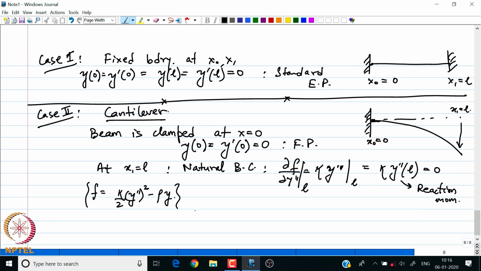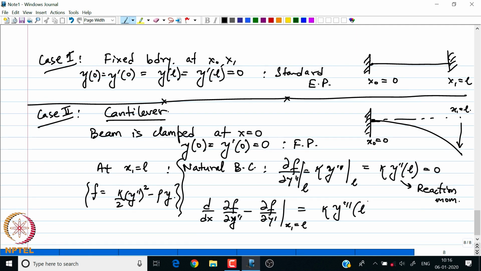And then we also have the other boundary condition being satisfied at x equal to L, which is d dx of partial f partial y double prime minus partial f partial y prime at x 1 equal to L, which is also equal to kappa times y triple prime at x equal to L, which is set equal to 0 here.